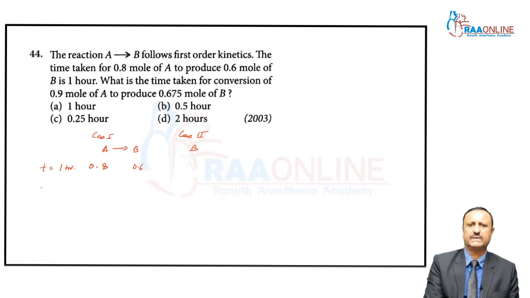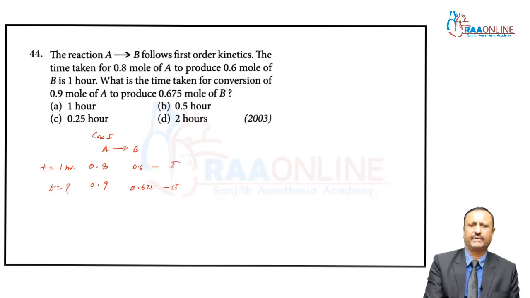What is the time taken for conversion of 0.9 mole of A to produce 0.675 mole of B? Now you can see case 1 and case 2, and he wants the time.